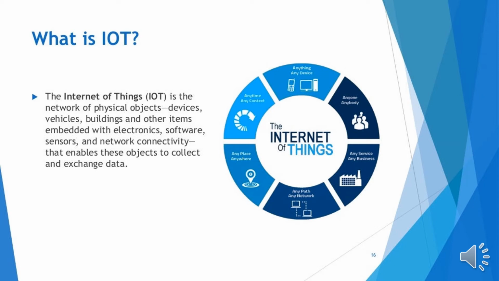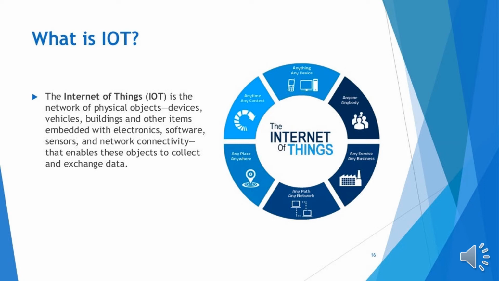Coming to IoT. So what is IoT? IoT is a network of physical objects, devices, vehicles, buildings and other items embedded with electronics, software, sensors and network connectivity, which enables the objects to collect and exchange data. You can see in the flow chart that IoT means any time, any place, anywhere, we can access anything.